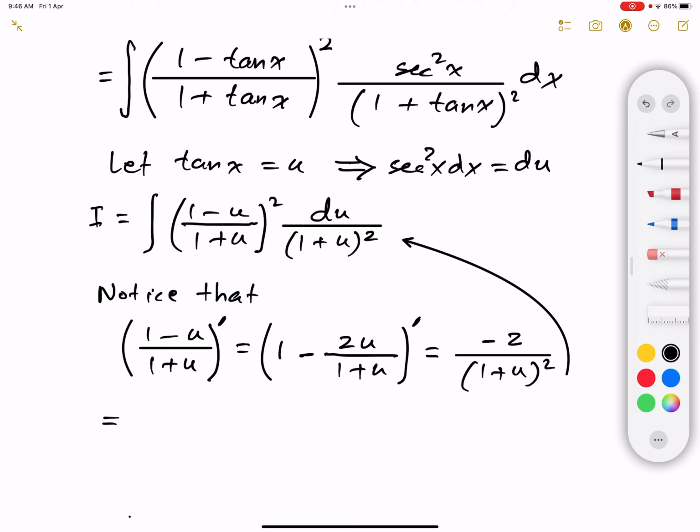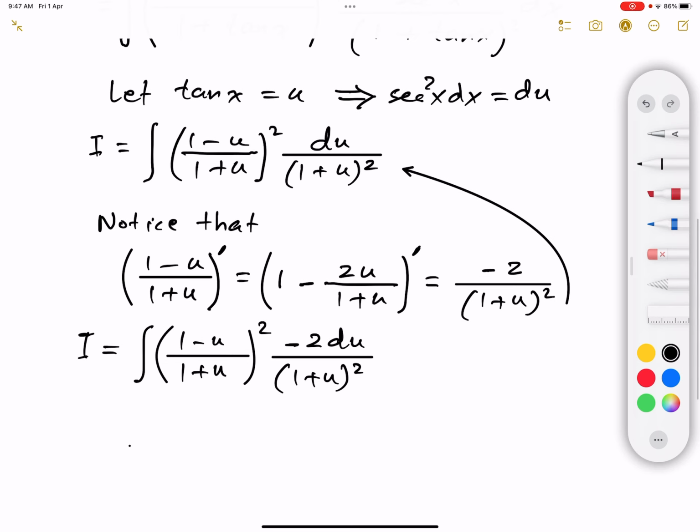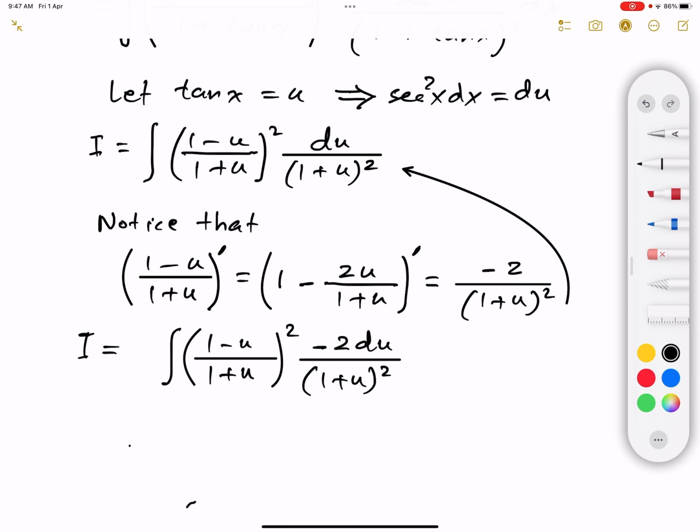So I is going to be equal to the integral of (1 minus u) over (1 plus u) all squared, and here we're going to multiply, of course, by minus 2 du over (1 plus u) all squared. But with this, we have multiplied the whole integral by minus 2, so of course we need to divide by minus 2, so minus half here, so that the whole value of the integral does not change.